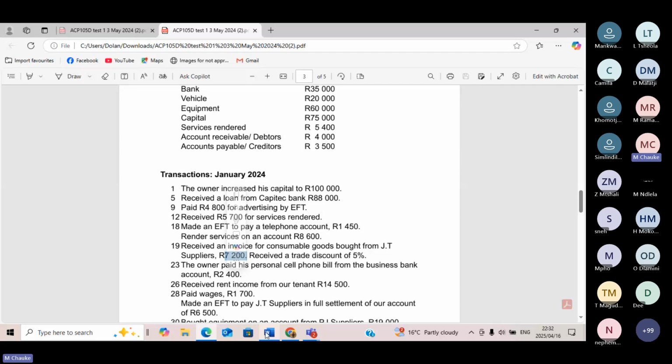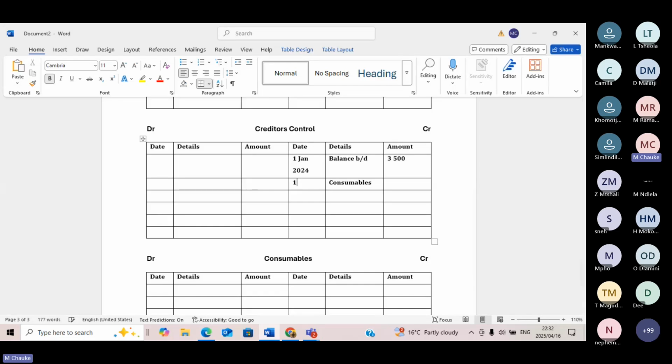This transaction happened on the 19th. So you're just going to say, quickly help me, those who have calculators: 7,200 multiplied by 95 divided by 100.